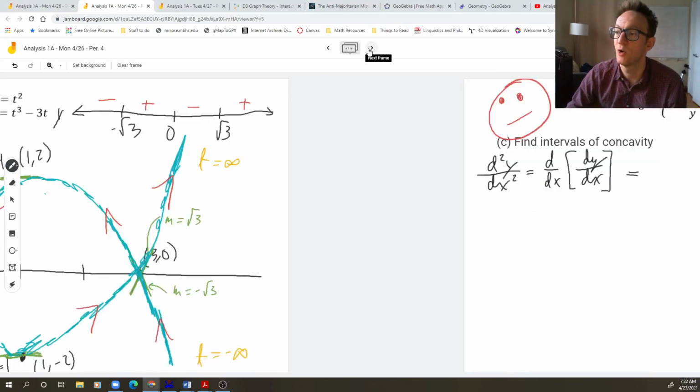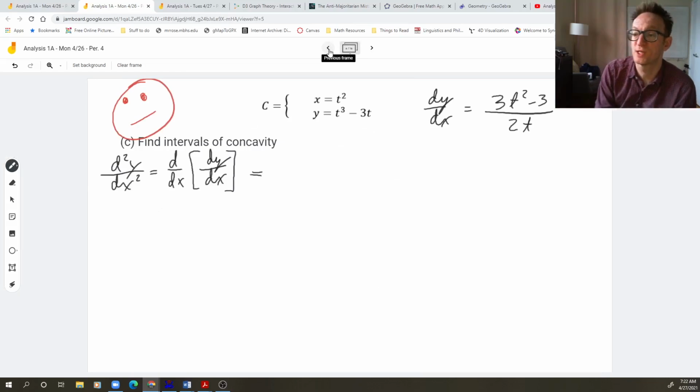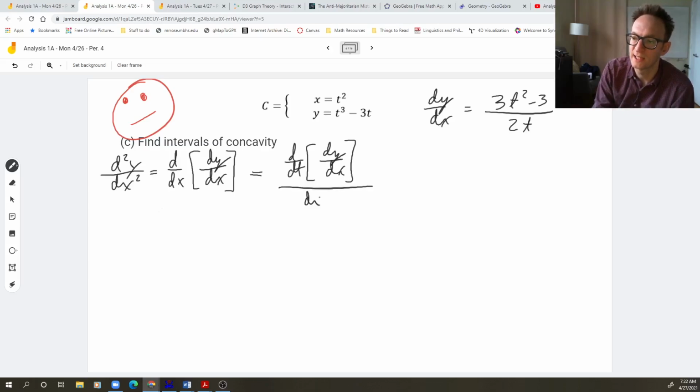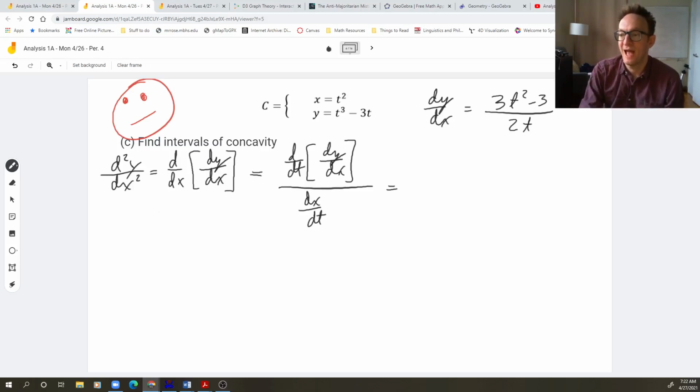Yeah. So, going back to finish this problem now, if I want the derivative with respect to x of dy dx, it's going to be the derivative with respect to t of dy dx over dx dt. This is the thing that's going to tell us the concavity.